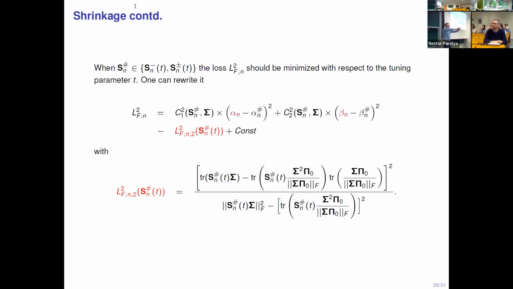So now I've separated 2 problems: the simple shrinkage problem, and penalty estimation or penalty optimization in this simple form. Because if I take alpha equal to alpha star and beta equal to beta star, this is the minimum, so it's 0. So I just need to minimize this function, or maximize the minus function, over t only. So I have a sort of advantage taking this loss function. Yeah, I agree, in this case.